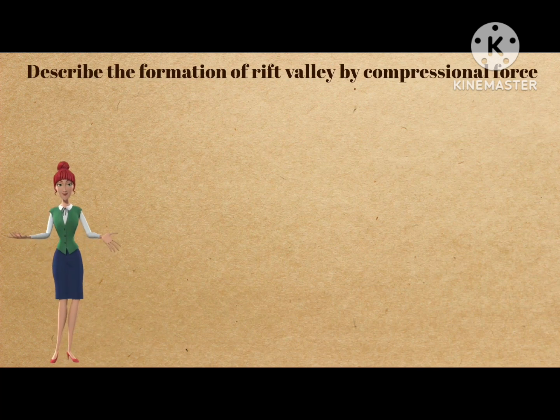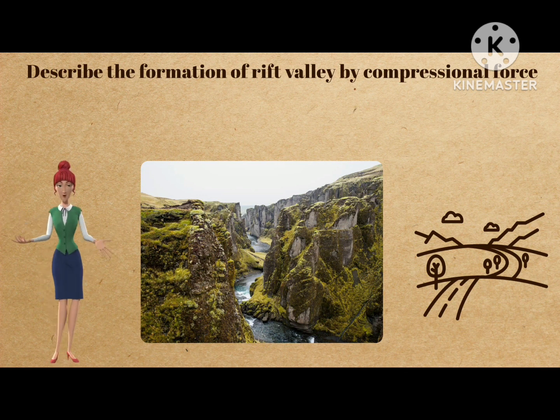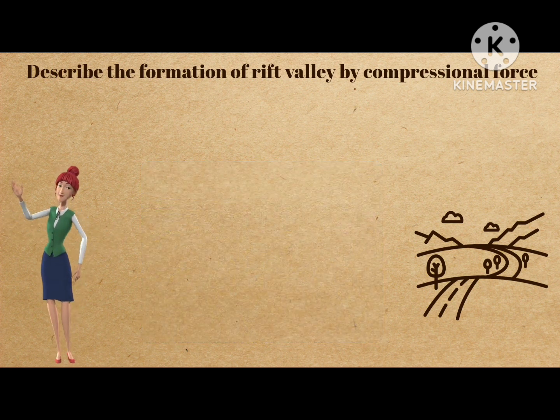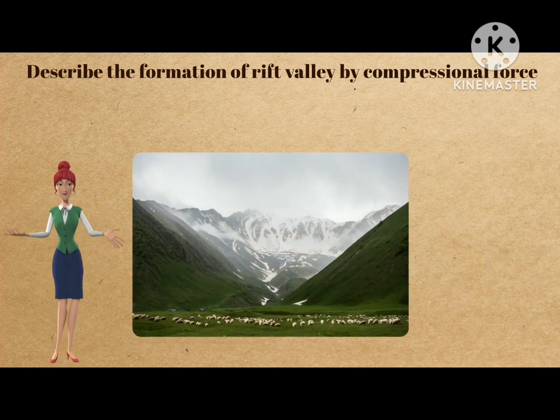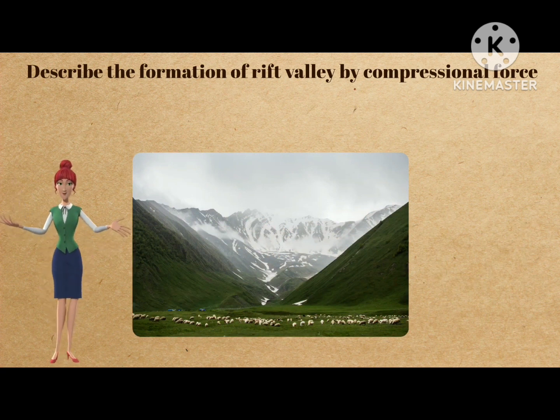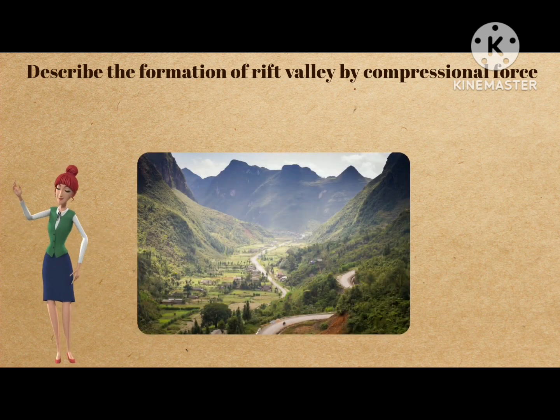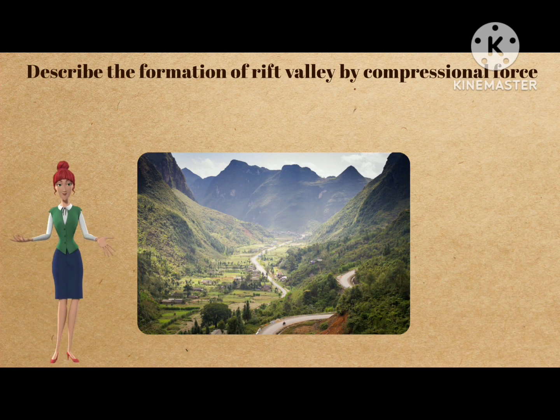A rift valley is formed when compressional forces cause the Earth's crust to fracture, resulting in cracks that form geographic landscape features. These forces are generated when the lithospheric plates move towards each other, pushing against one another and causing the crust to buckle and bend. This pressure forces the surrounding area to sink or rise, creating a valley with a valley floor that drops lower than what surrounds it.